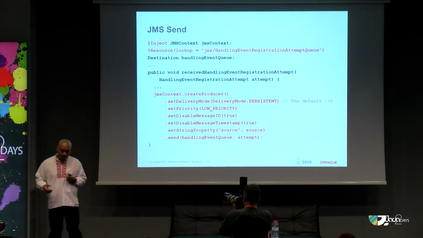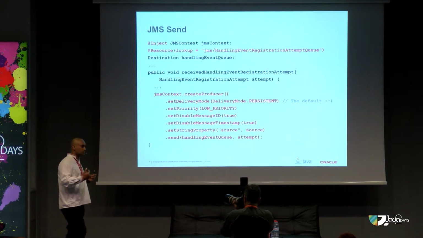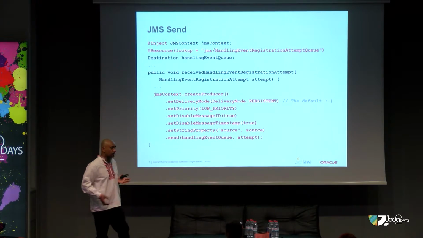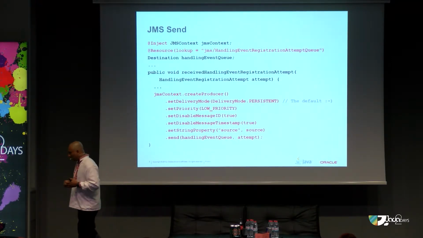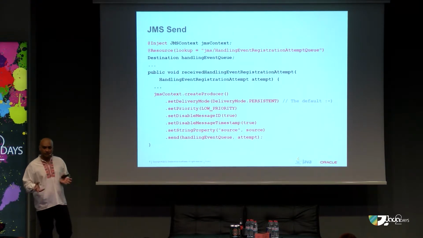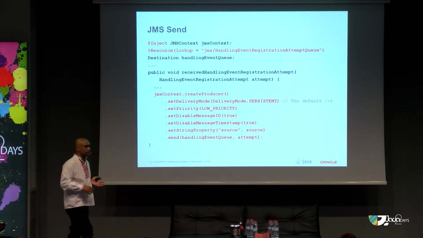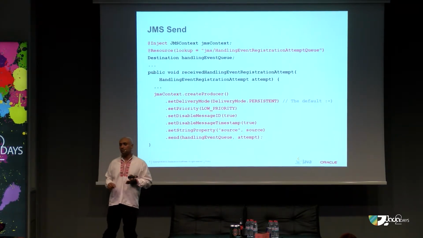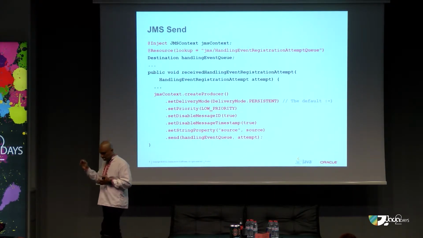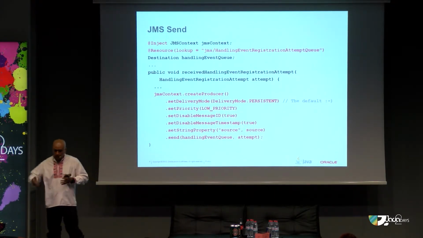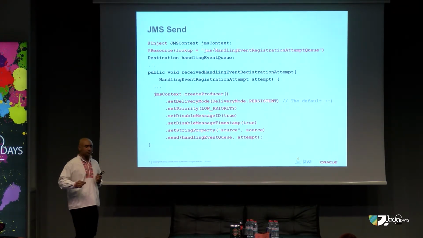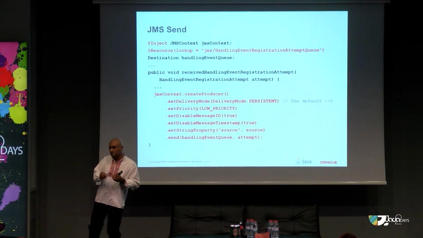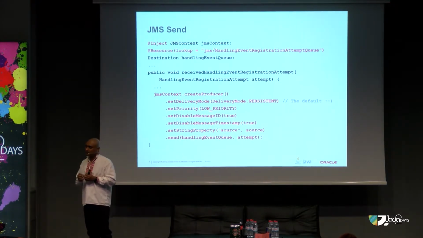All right, let's start from the simple end: sending an event in Java EE applications using JMS. If you haven't seen JMS before, this is how JMS 2.0 looks. Very powerful, very compact API. Take a look at this code for a second. What I'm doing here is taking an object that I have, the event registration attempt, and using it as a message. I'm sending this message payload, in this case, to a queue.